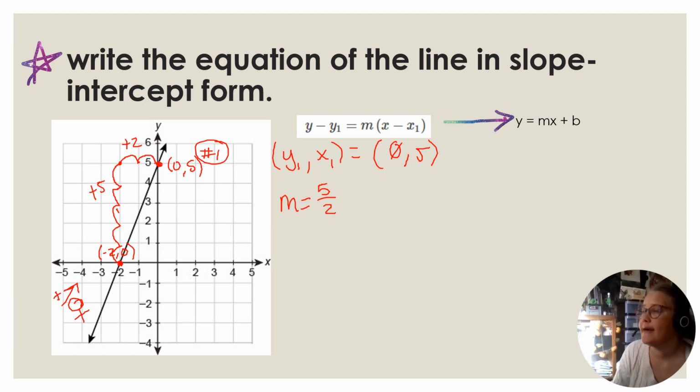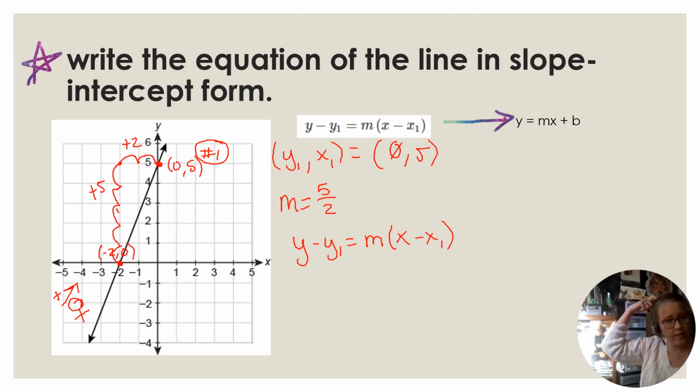All right, so I'm going to start off with my y minus y1 equals m times x minus x1, rewriting my formula, rewriting my form so it can help me memorize it. And then I'm going to plug in my numbers. So I have y minus y1, which is 5, equals m, which is 5 halves, times x, which is... crazy teacher.